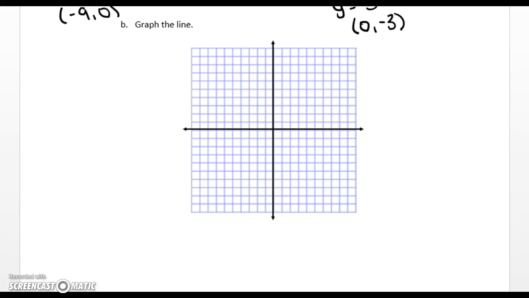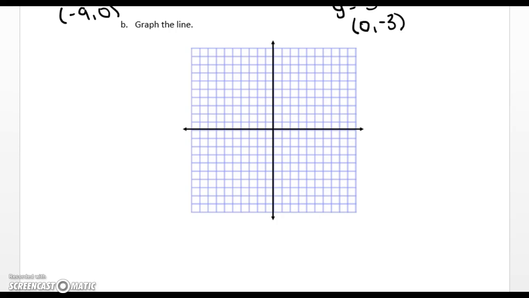That way you can have 3 points, because it's really important that you want 3 points to make sure that you don't have any math errors or any calculator errors. If all 3 points line up on a straight line, then you know you've most likely done something right. But in this case, I'm going to be okay with just graphing our x and y intercepts.